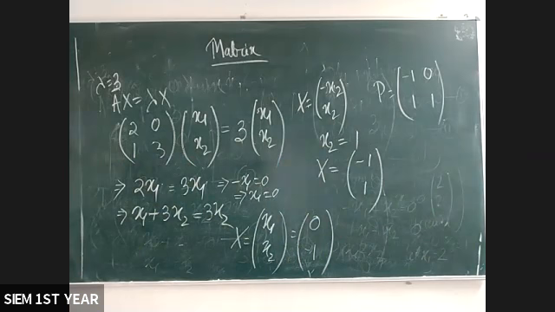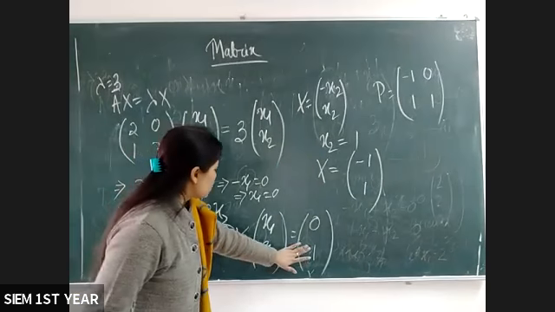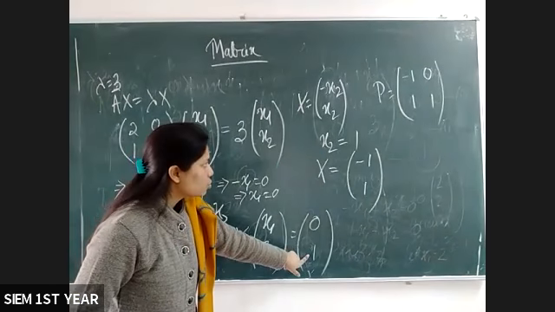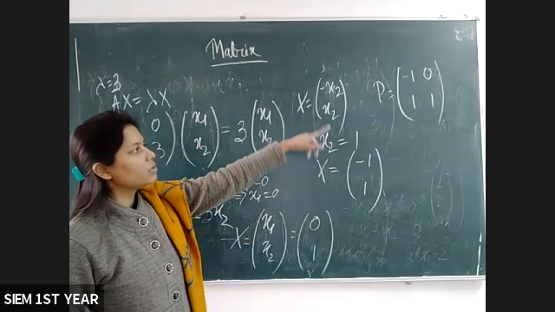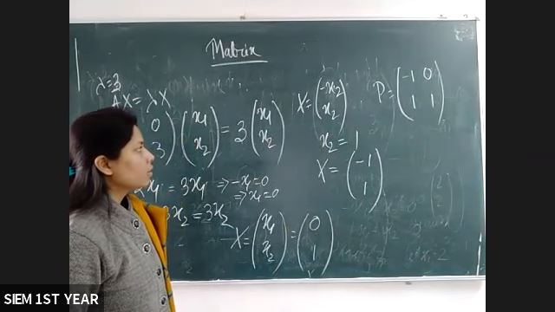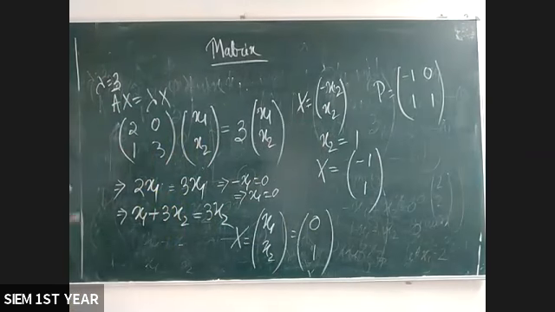Now, if you choose a different number, then you will get a different matrix. If you choose 2 here, then you will get minus 1, 1, 0, 2. So for different values, you will get different values of P. I think it is clear to all of you how to find P.